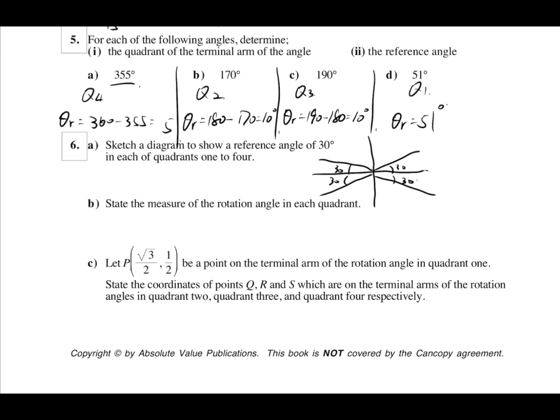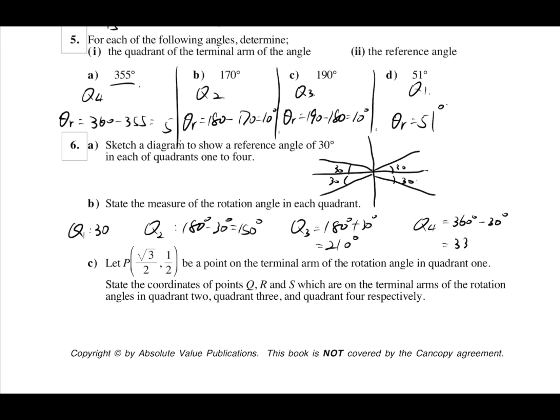And state the measure of the rotation angle in each quadrant. Okay, so quadrant 1 is 30, and quadrant 2 is 180 minus 30 is 150 degrees. And in quadrant 3, it's 180 plus 30 equals 210 degrees, and quadrant 4 is 360 degrees minus 30 equals 330 degrees.